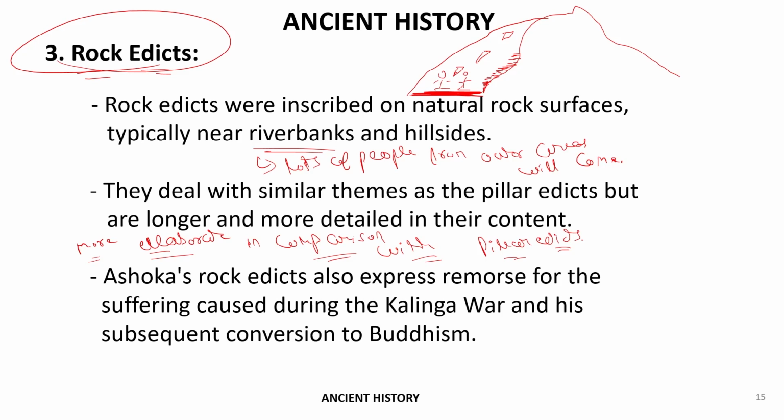Okay, so he used these rock edicts in more detail to show his sorrow, and also he mentioned the factors through which he converted to Buddhism. Okay, so he used rock edicts in this form also.